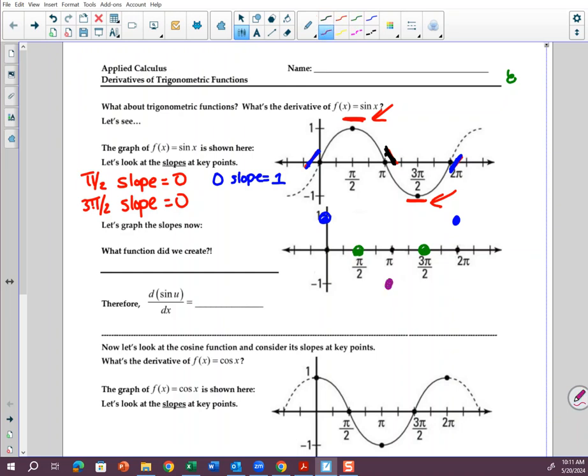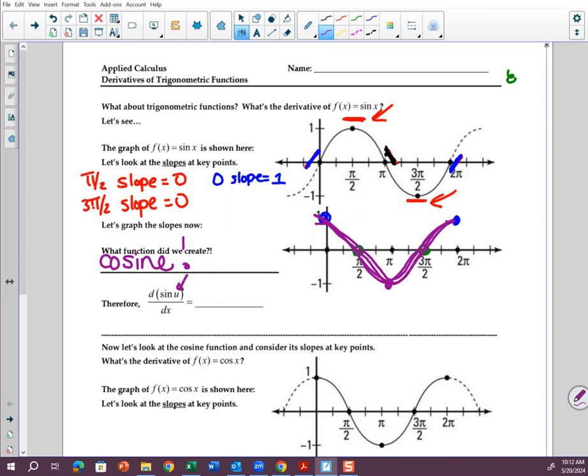And so if I can agree that that pattern makes sense, and I sketch a graph or connect those slopes, I can see that when I graph or model the slopes of sine, I end up with a cosine. And that is in fact the relationship that does exist. If I want to write the derivative of a sine function, the cosine function is going to represent that derivative.